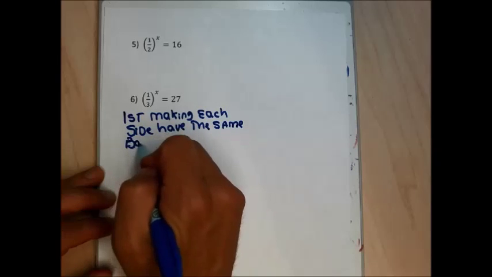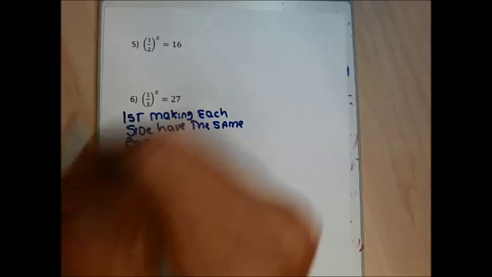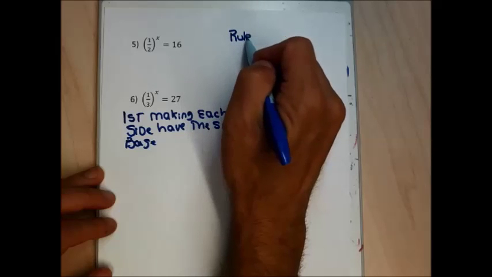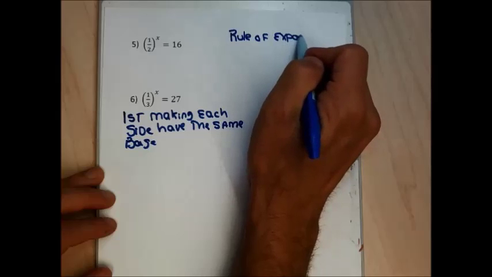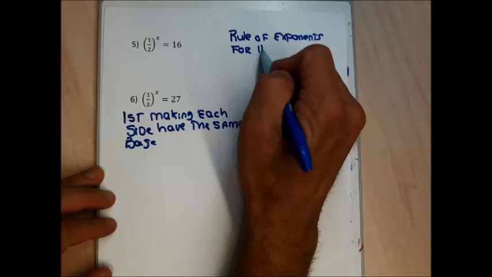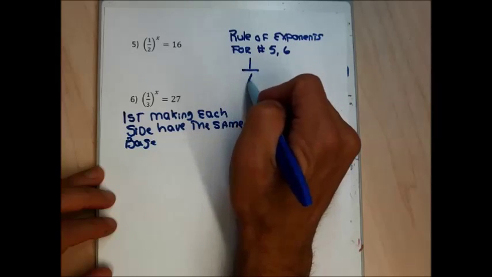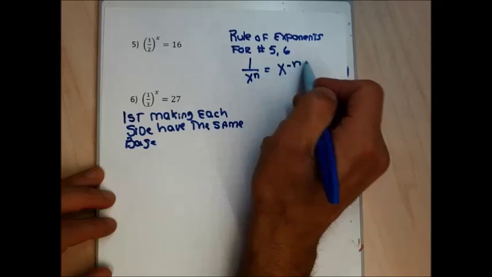That fraction is not helping me at all. I need to use a rule that we have for negative exponents. And the rule that's going to be needed for numbers 5 and 6 would say that 1 over x to the n power equals x to the negative n power.